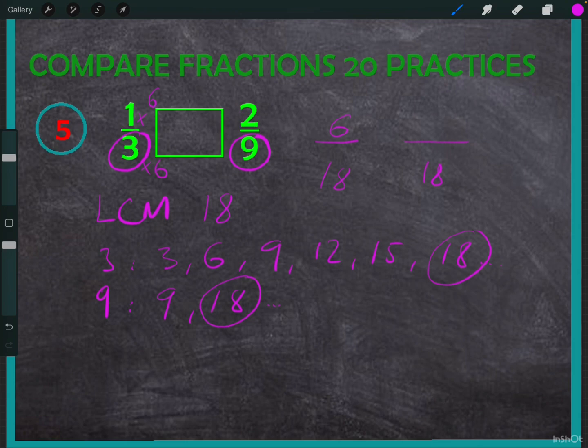For the second fraction, we must multiply 9 by 2 to get 18, and also we multiply 2 by 2 to keep the equivalent fraction. 2 times 2 is 4. So we have the two new fractions now with the same denominator, 18. To compare them, we only need to compare the two numerators. 6 is greater than 4, so 6 over 18 is greater than 4 over 18, or 1 over 3 is greater than 2 over 9.